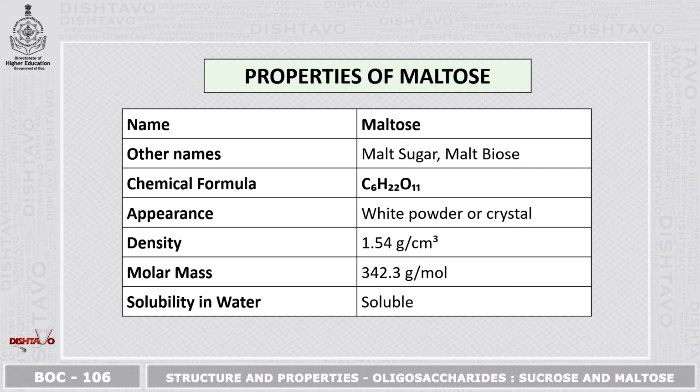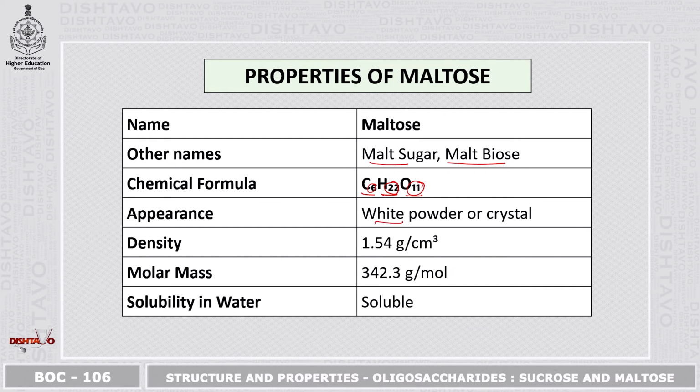Coming to the second example under oligosaccharide, that is maltose. Let us see what the properties of maltose are. The other names referred to are malt sugar or maltobiose. The chemical formula is C12H22O11, so 12 atoms of carbon, 22 of hydrogen and 11 of oxygen are present.